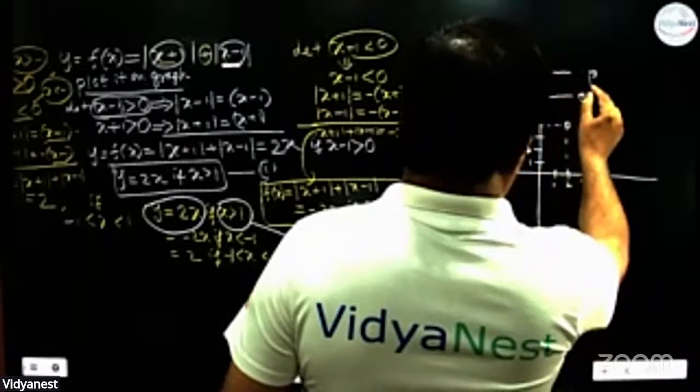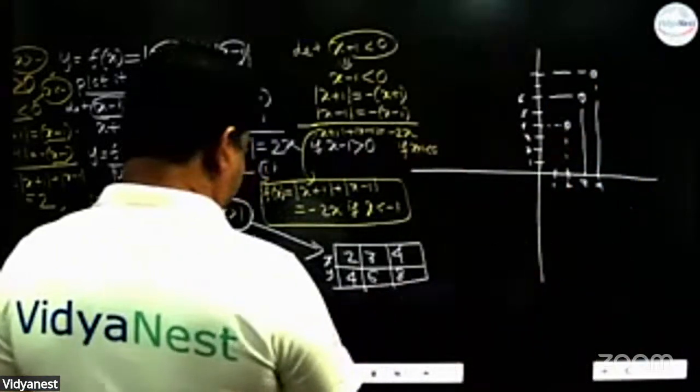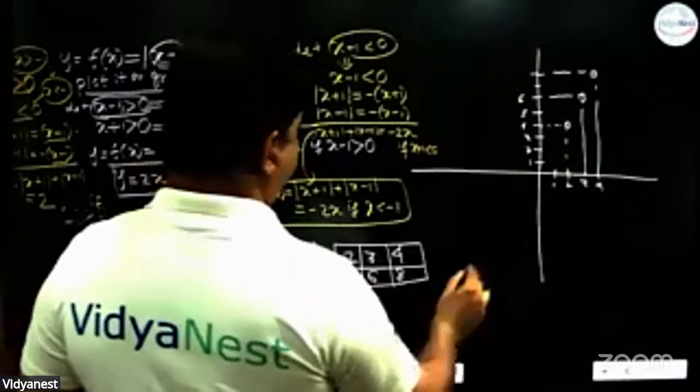So by plotting this, we have got this line. Join.